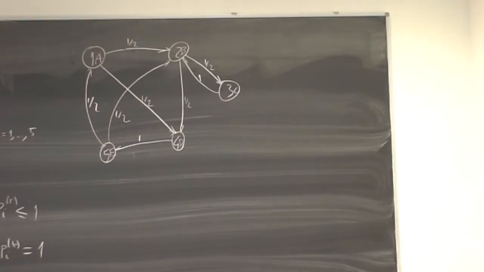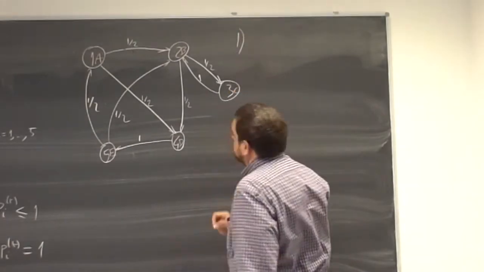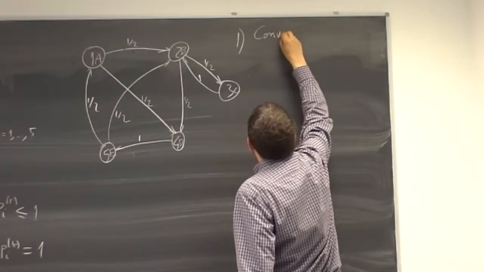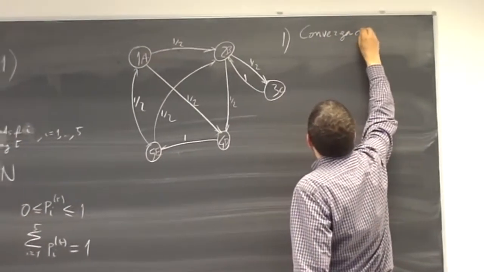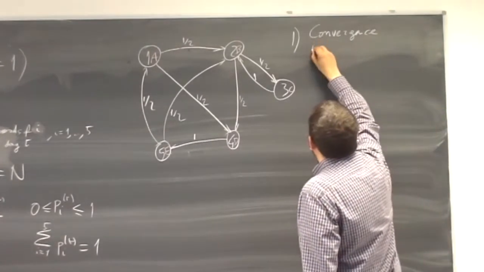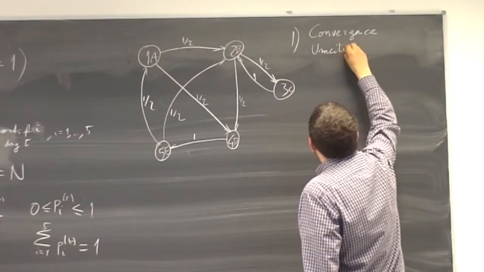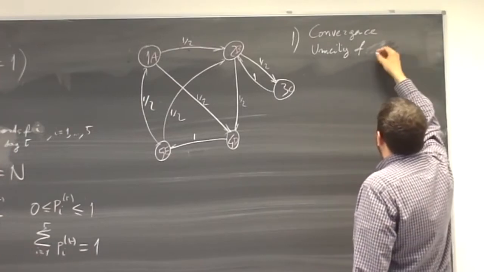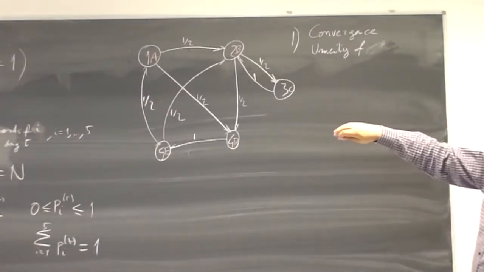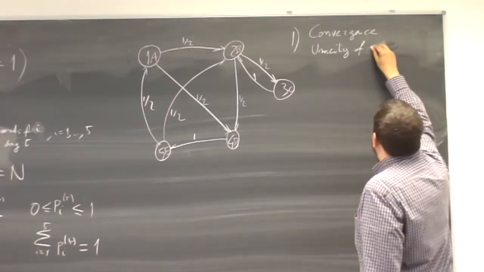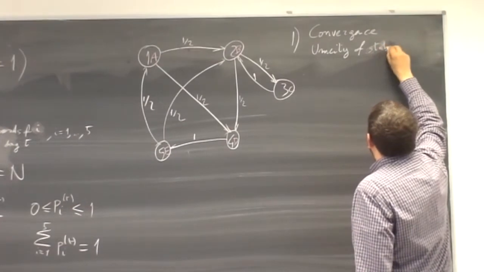In particular, question 1 asks about convergence of the process, and asks about unicity of the solution, let's say of the stable solution.